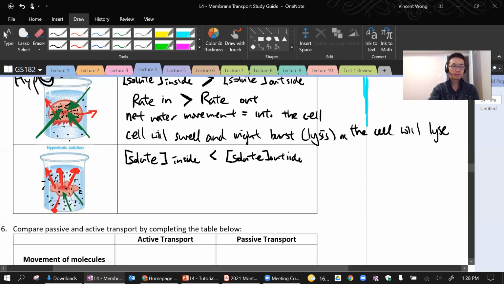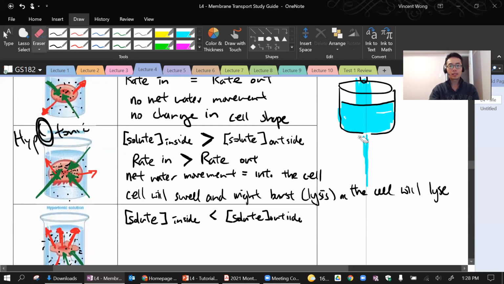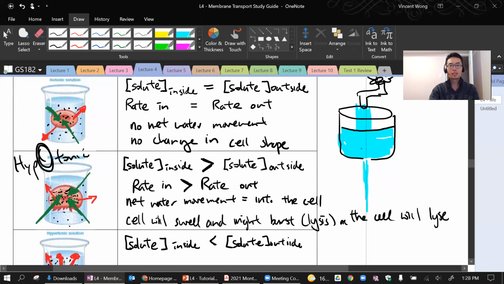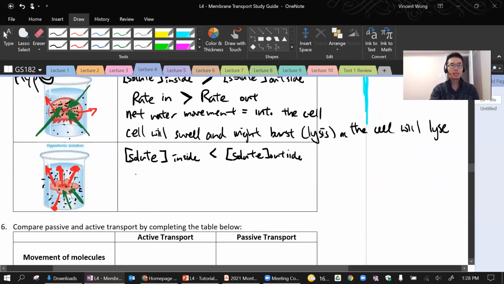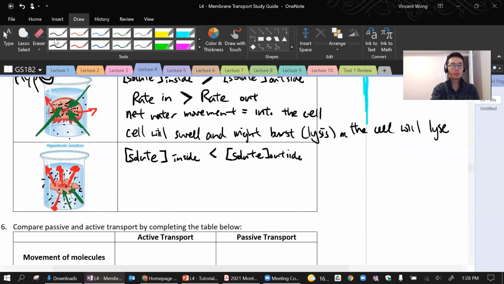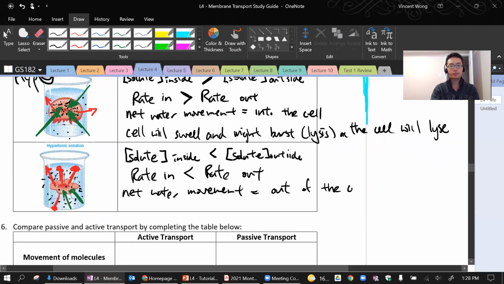than coming in. This time it's like you drill a bigger hole, and then you have more leakage compared to the faucet. So over time, the rate in is less than the rate out, and you have a net water movement out of the cell.